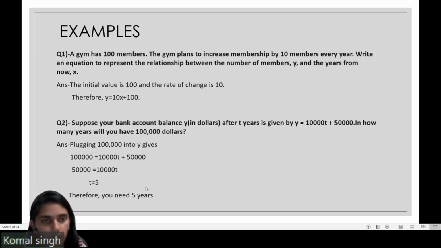This is the similar thing: you have to find the year by putting in the value of y which is given. I have to find how many years it will take. So t will describe the year. Here t is the dependent variable. So we find t equal to 5.